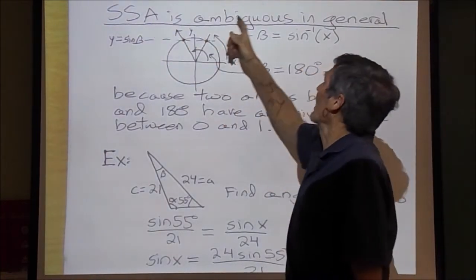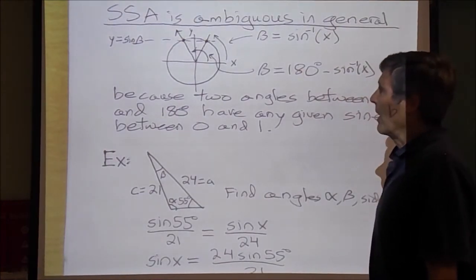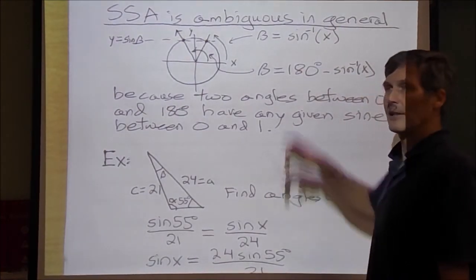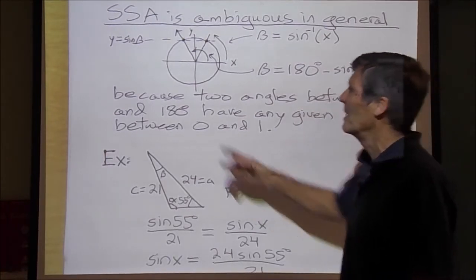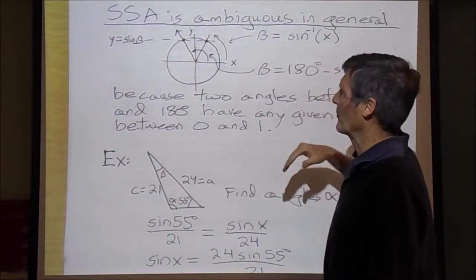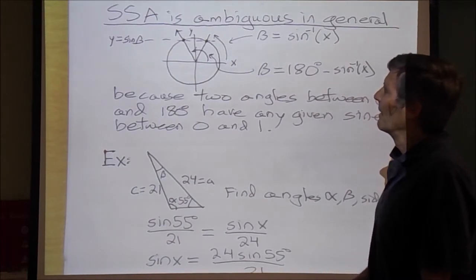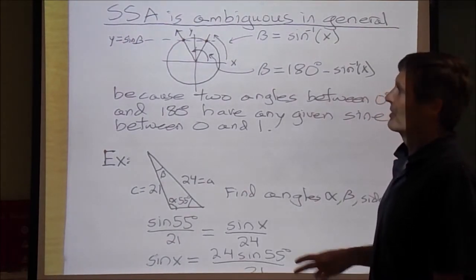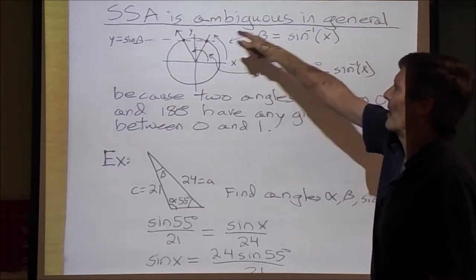Side-side-angle is actually an ambiguous case in general. There's often more than one answer. You can actually get 0 answers, 1 answer, or 2 answers, because maybe you remember from geometry, side-side-angle isn't a congruence theorem. Those other 4 we mentioned, angle-angle-side, angle-side-angle, side-angle-side, and side-side-side, are all congruence theorems, but angle-angle-angle is not, and side-side-angle is not.